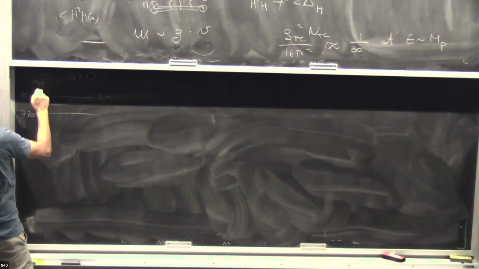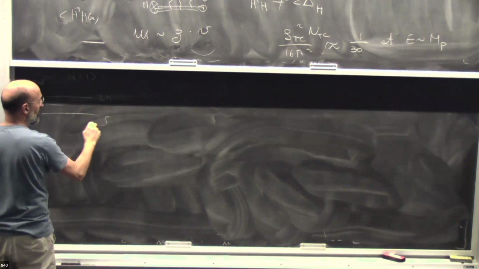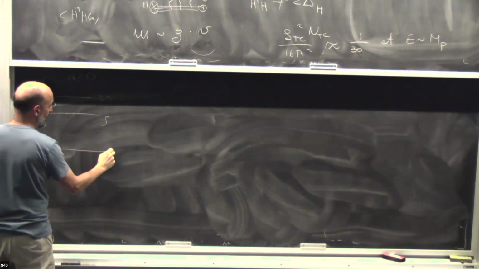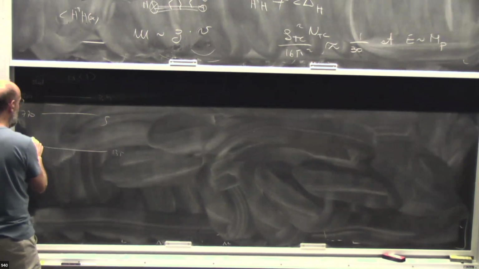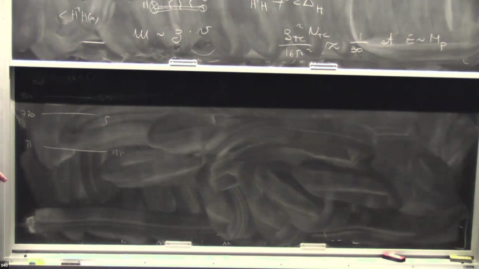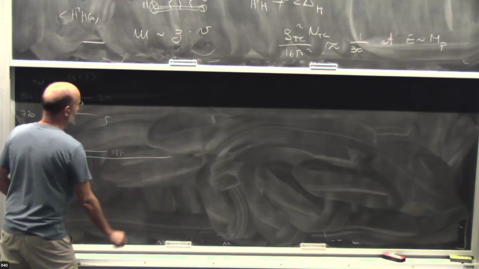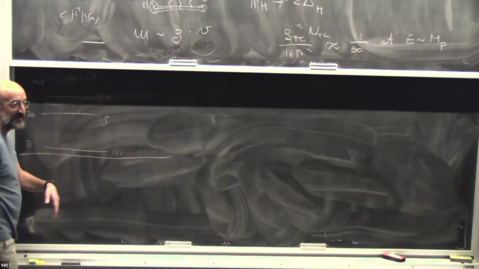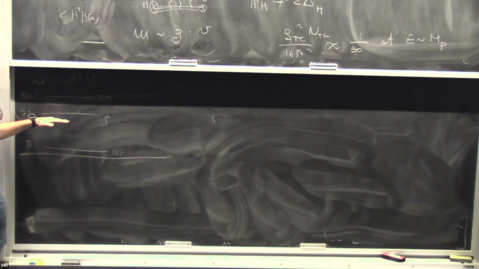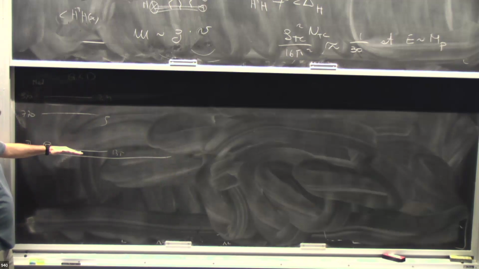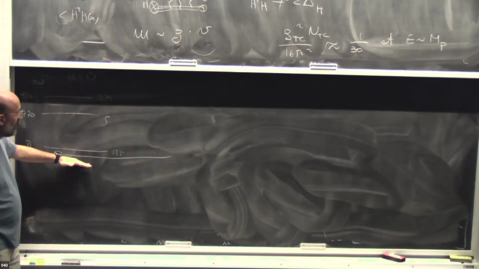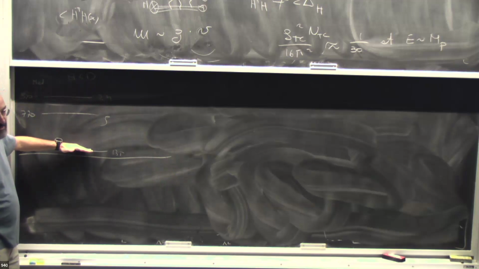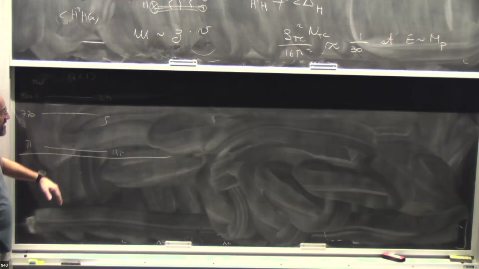At 770, you have the rho, and then at 135, you have the pion. Let's present it this way. In fact, if you plot the mass squared, it's even more dramatic. This is not to scale. The difference here is that these are ordinary hadrons and the pions are pseudo-Goldstone bosons. Of course, if you do an experiment going up in energy, you first discover the pion, and later you discover these other guys.